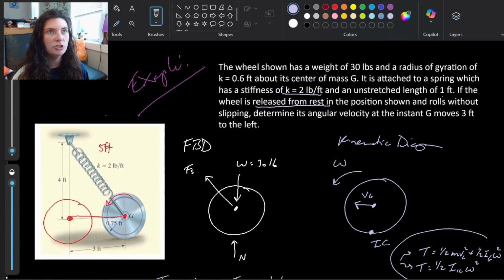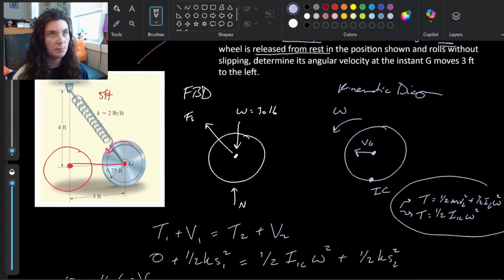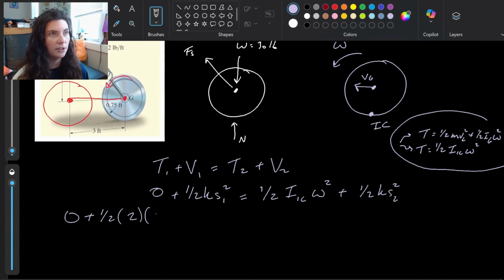Originally it has an unstretched length of 1 foot, and in its initial position, if we look at the diagram they gave us, we know that length is 5 feet. We said this was a 3, 4, 5 triangle. So we take that 5 feet minus its unstretched length to give us how much it's been displaced. That s value is 5 minus 1, and then we're going to square it.